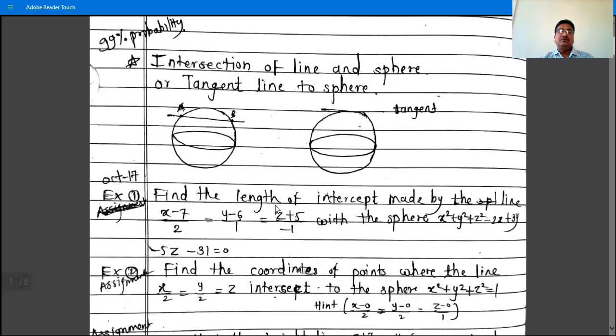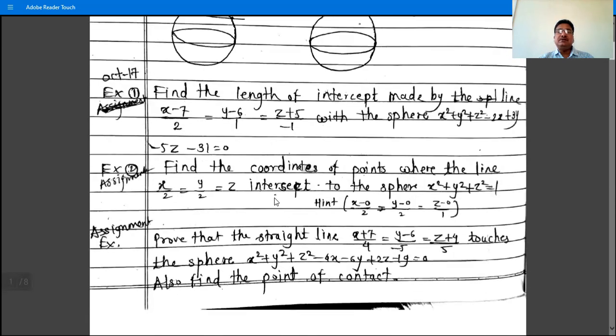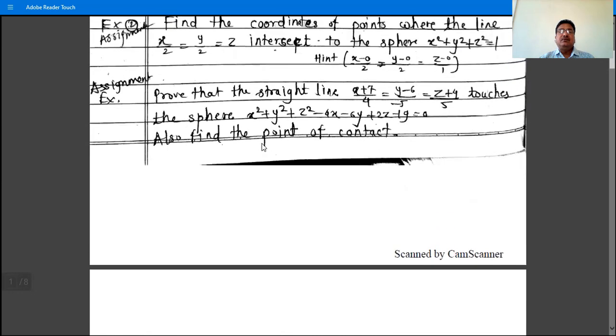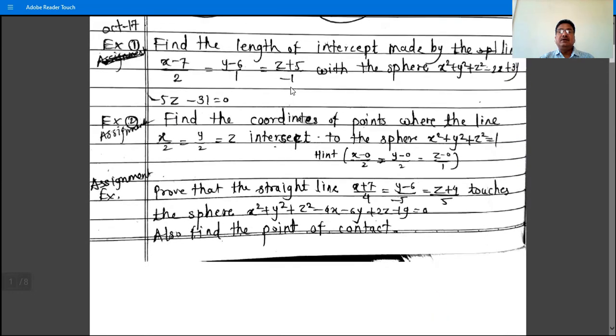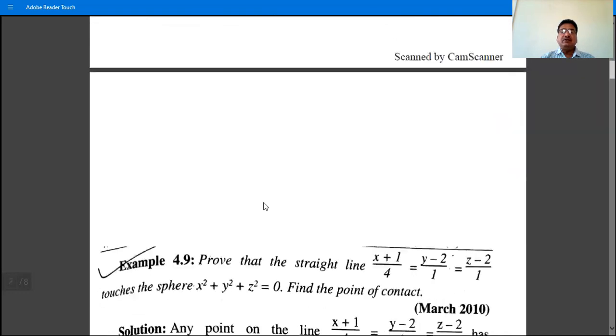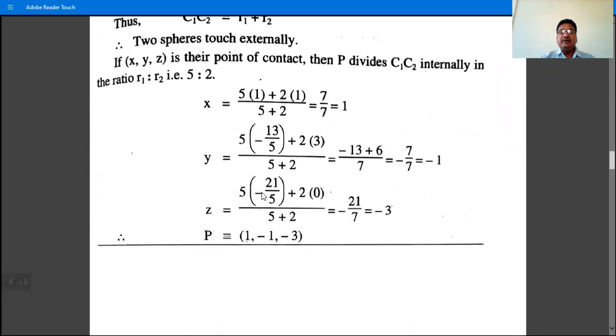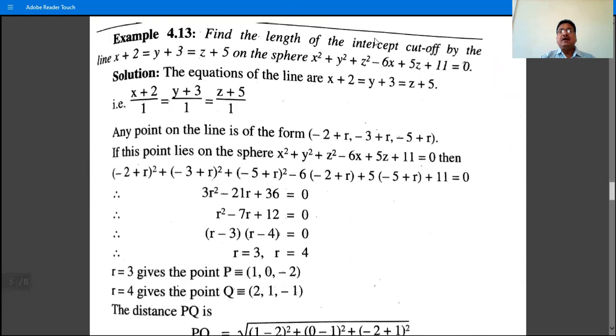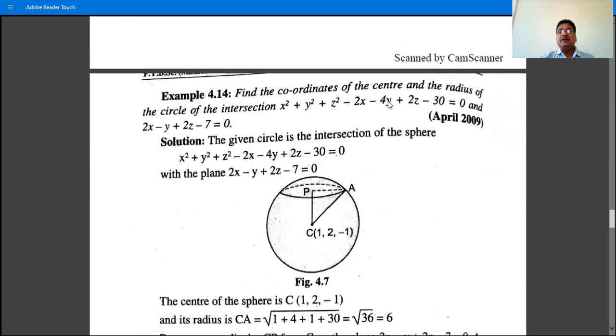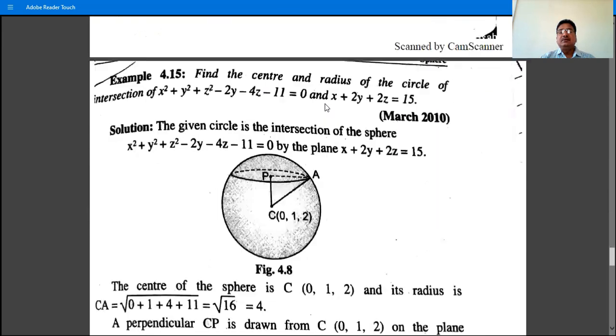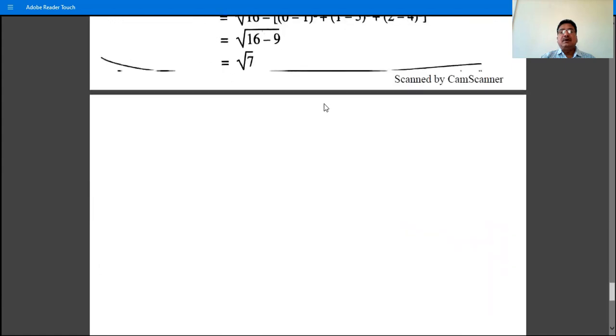So now we have to solve these types of examples. So first the example of this type, that is, find the length of the intercept made by the line.